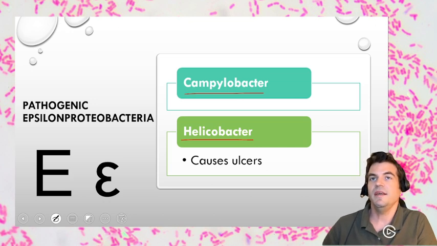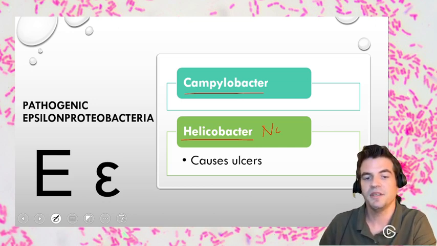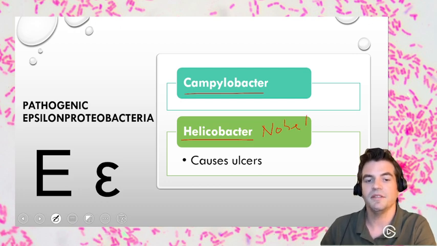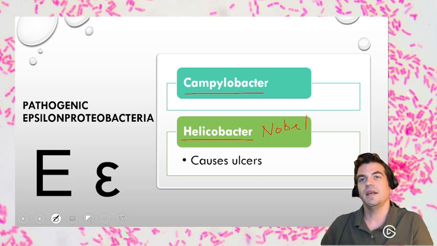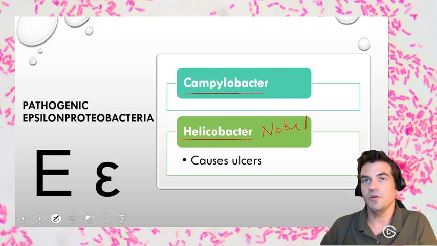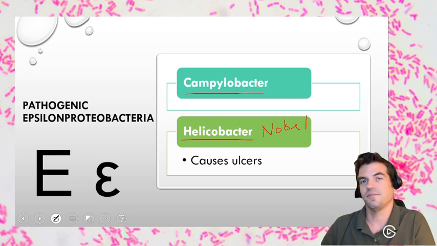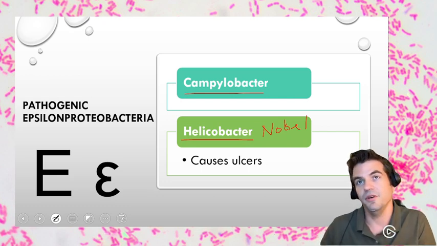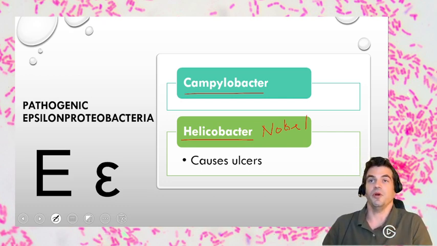You will see again and again. Helicobacter actually won its scientist a Nobel Prize. He said that it causes ulcers in the stomach. Drank it and got ulcers. Took antibiotics, cured the ulcers. Okay, Nobel Prize.